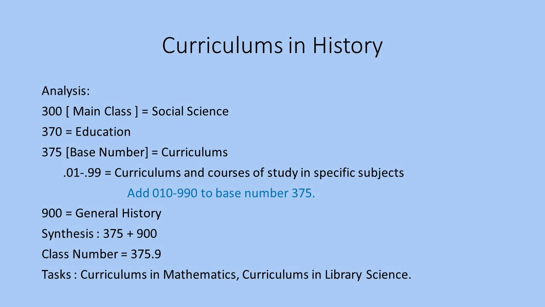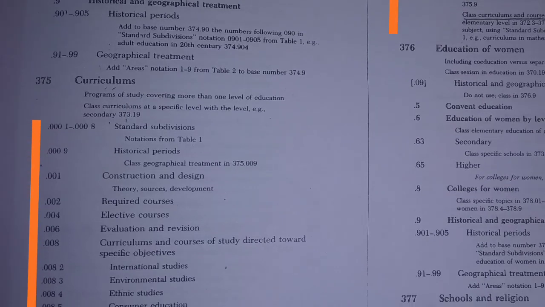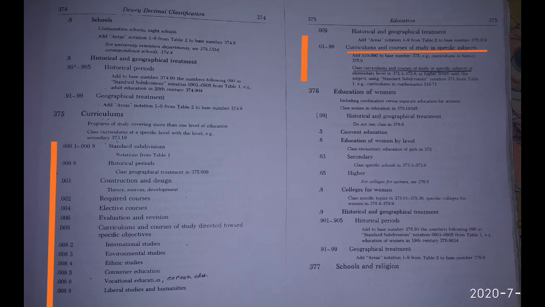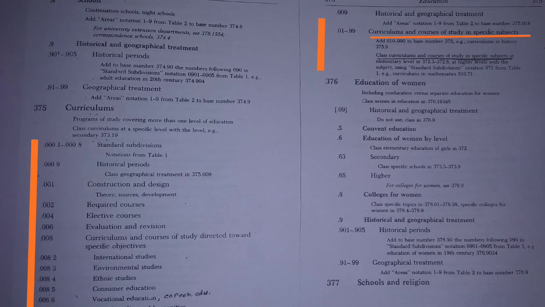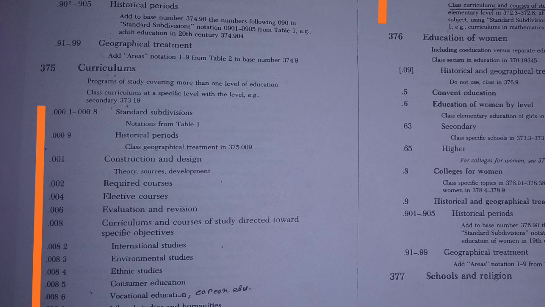I have taken this notation, okay. Now under 375 there are many subdivisions of 375. I will show you. Here you can see the subdivision, this is the schedule of DDC, okay. The notation 375 is for curriculums. Here there is no instruction under the curriculum.